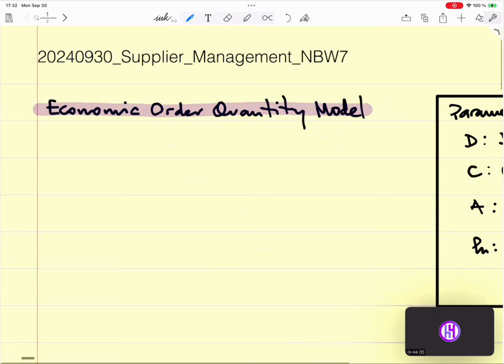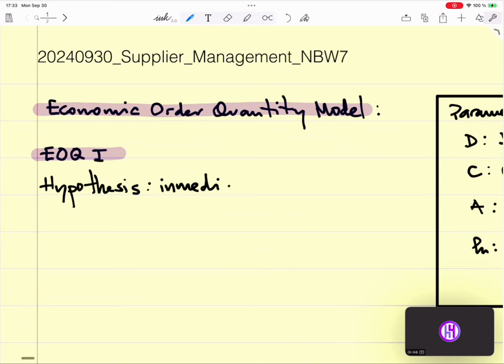The economic order quantity model has different variations, so we are going to see three of them. The first one is the EOQ, economic order quantity 1. Okay, this is our first approximation. It's the easiest. And we have the hypothesis that we have immediate delivery and production.